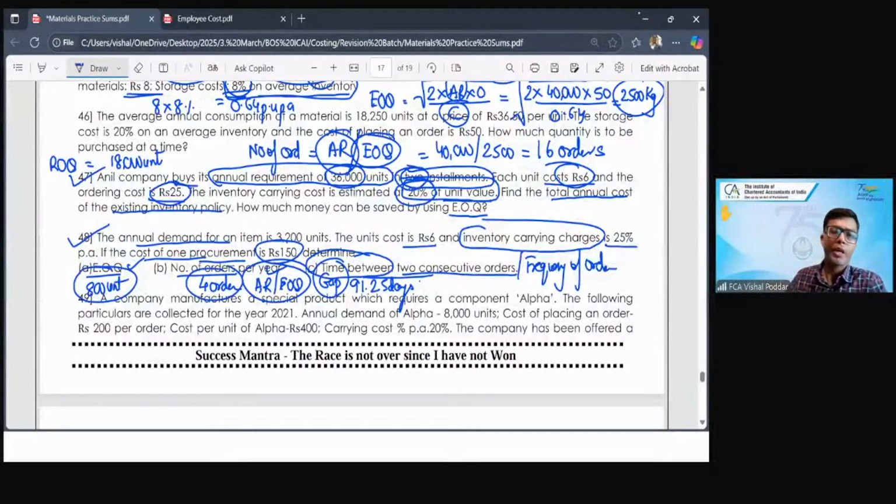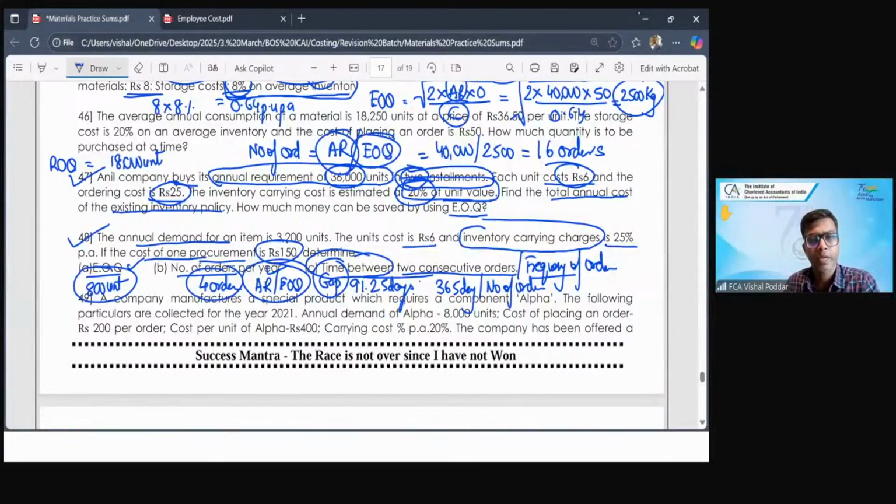Now, what they want from you is the gap between the first order and the second order, gap in terms of days, or the gap between the second order and the third order. So between any 2 orders, how much would be the time gap? That is what frequency is. Now, this will be 365 days upon number of orders.